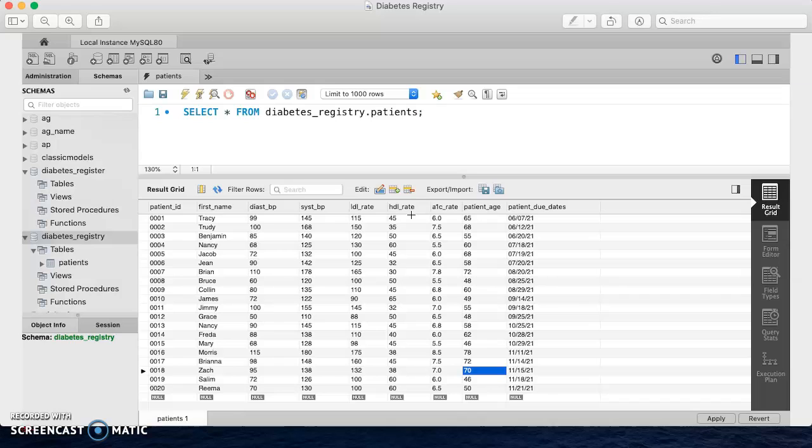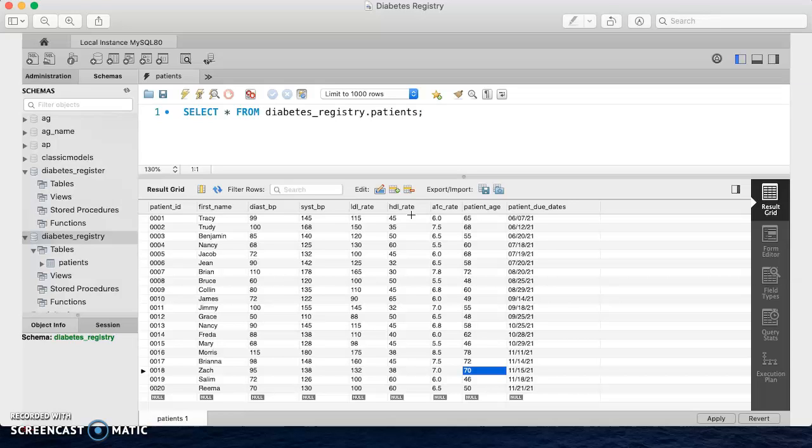They have high blood sugar values. Okay, so these are what we've done, and we've assigned dates, scheduled dates that they can come back to recheck some of these things.